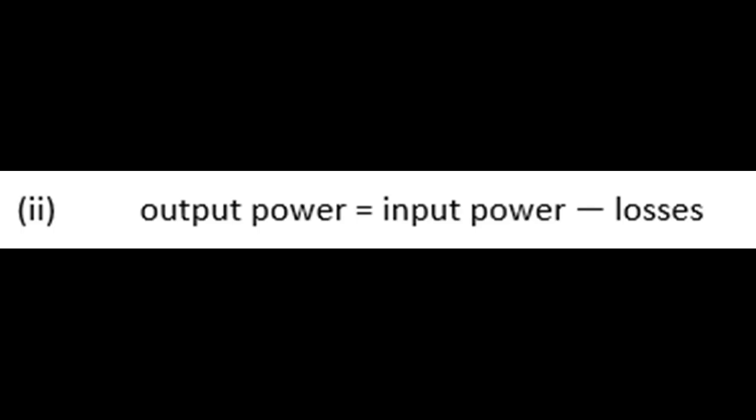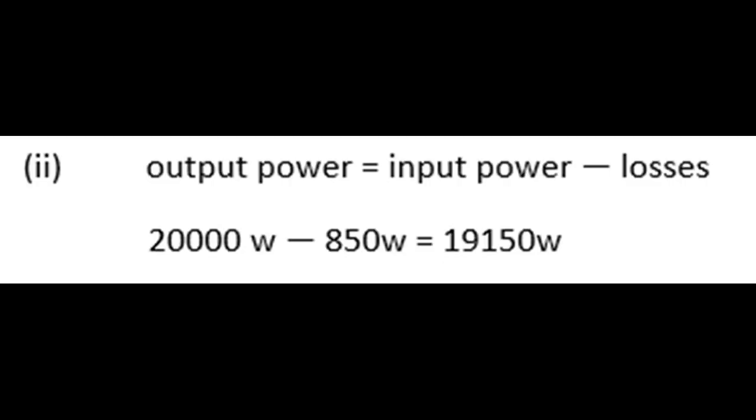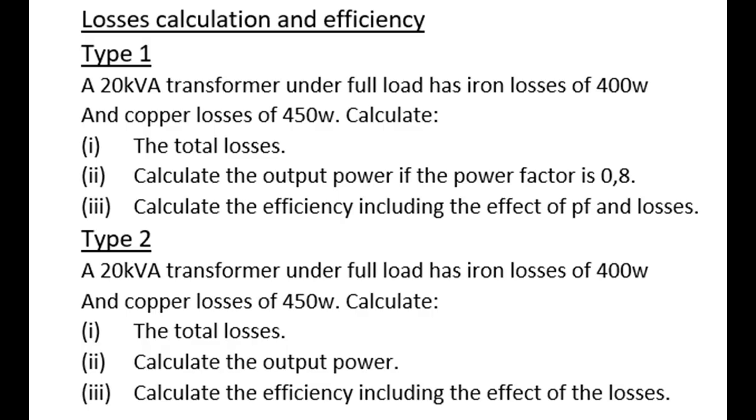Notice that our input power was kilovolt amps, which is 20,000 watts. Subtract the losses, which were 850, and now we get an answer of 19,150 watts. Notice here, there's no power factor in this one, which means we're just working with the apparent power minus the 850 straight.